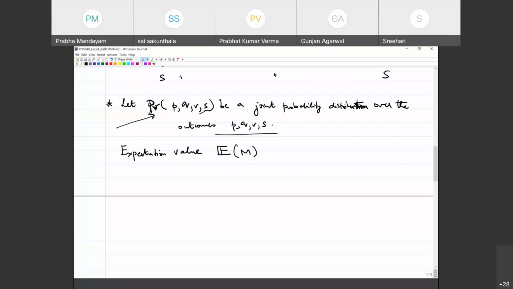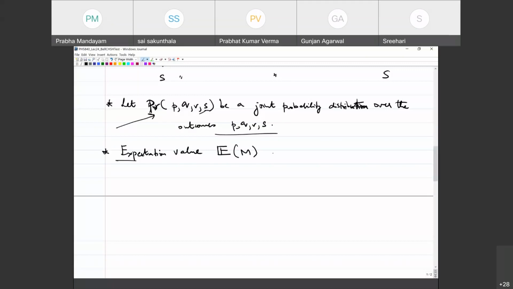And that goes back to this assumption of locality and realism. Because these measurements are independent events, they are happening in causally disconnected regions of space-time. So it is possible to write down a joint probability measure over this set of observables, right? So then we can define this expectation value.